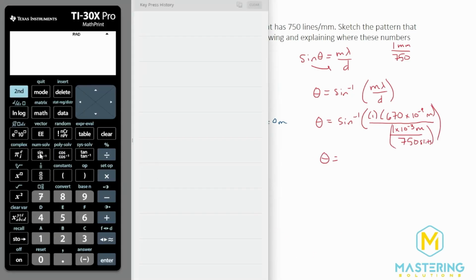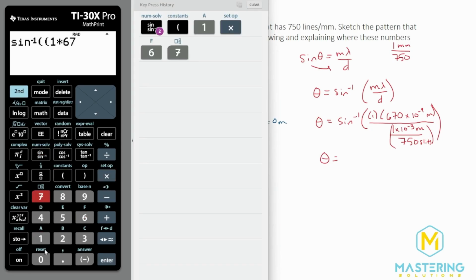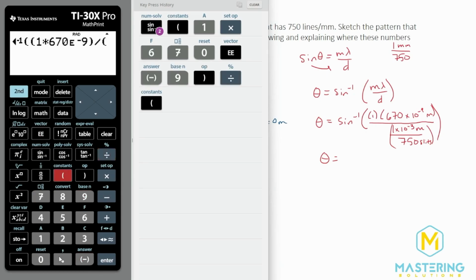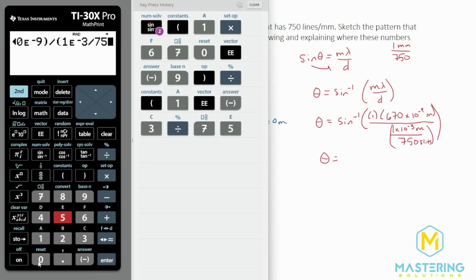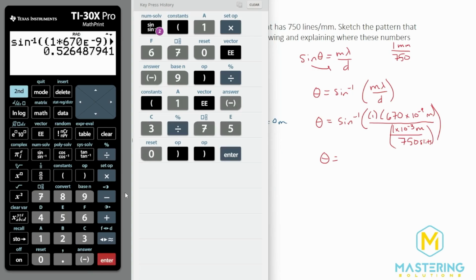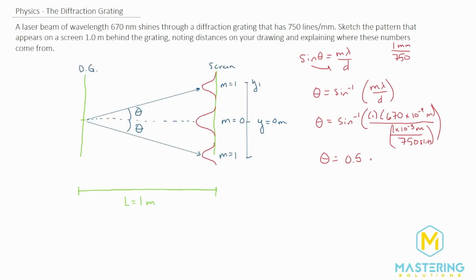So we have the inverse sine of 1 times 670 times 10 to the negative 9, all divided by 0.001 or 1 times 10 to the negative 3, divided by 750 slits. And we have 0.52, so we'll just keep that at 0.5. And remember, your calculator needs to be in radian mode because it's 0.5, or half of a radian, for the angle right here.